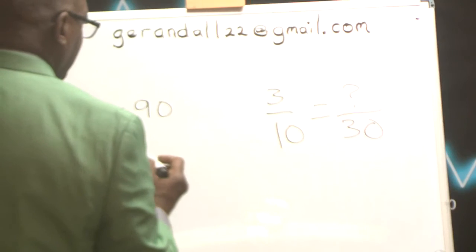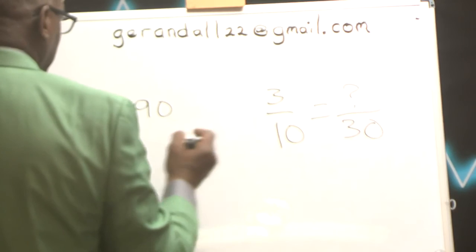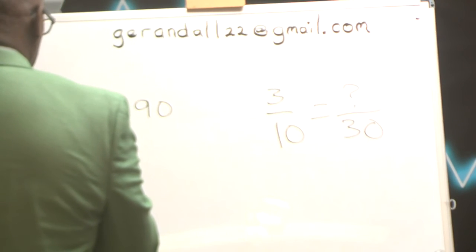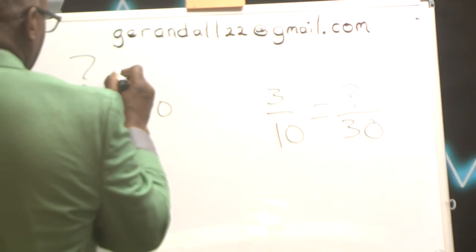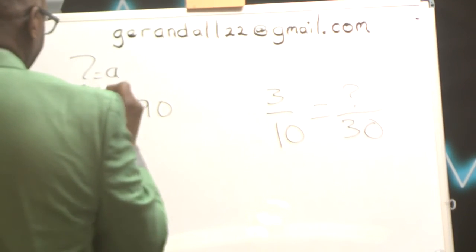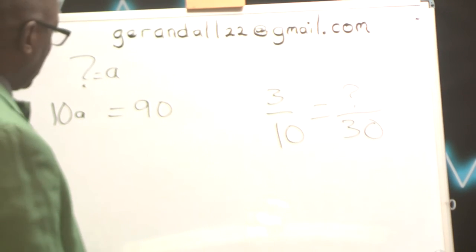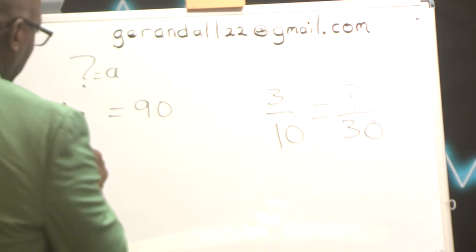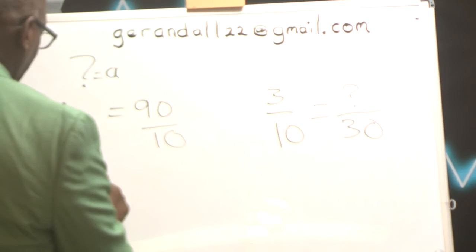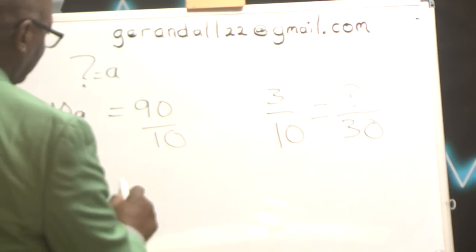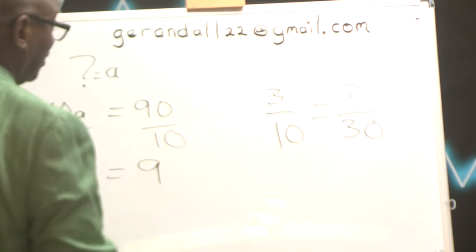And it says the means times the extremes equals, and what we don't know, we're going to use this question mark and give it a variable value for a moment. And now we've got a one-step variable problem. But look what happens. We got to find out what a is, so we divide by 10. Over here we're left with a, and 90 divided by 10 is 9. Didn't we say that earlier? Look at this.